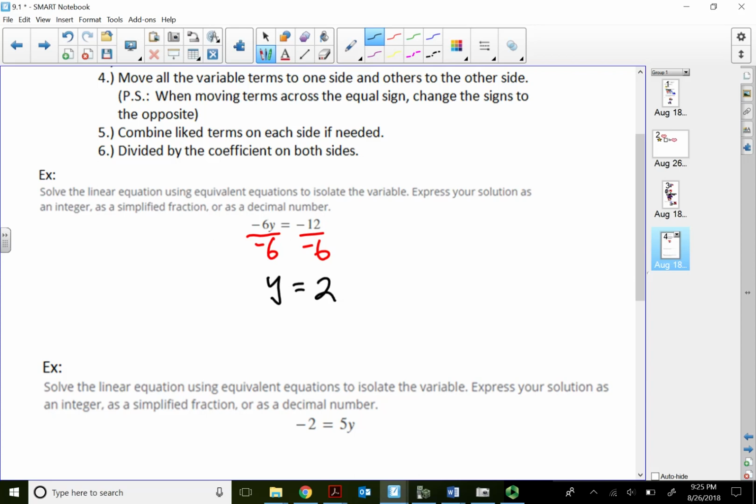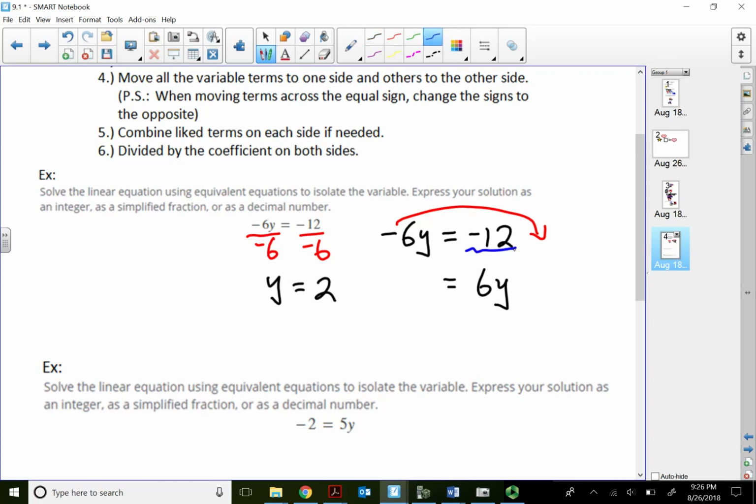Alright, so in the previous video I also mentioned keeping the variable term positive as much as we can, because if I move my -6y to the right, then that instantly becomes +6y. So I want my variable term on the right side because I want to keep it positive.